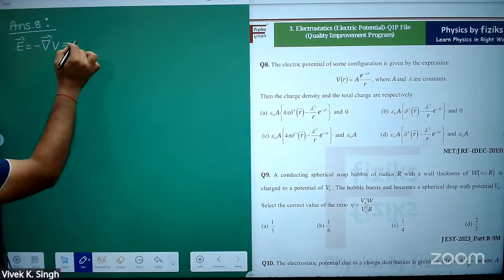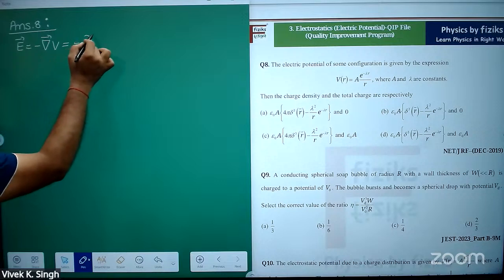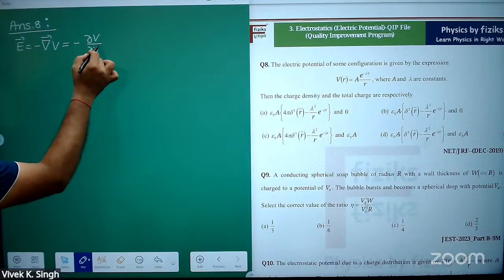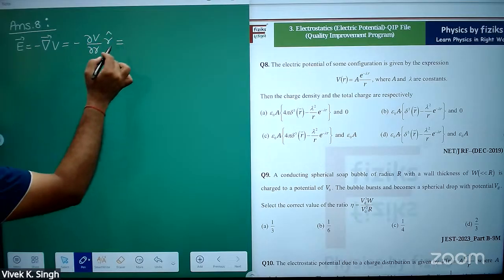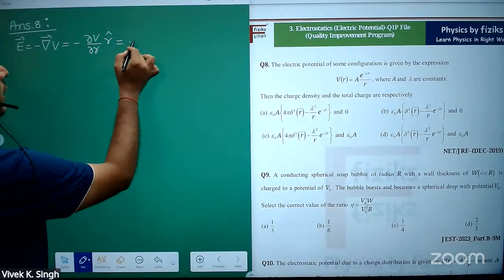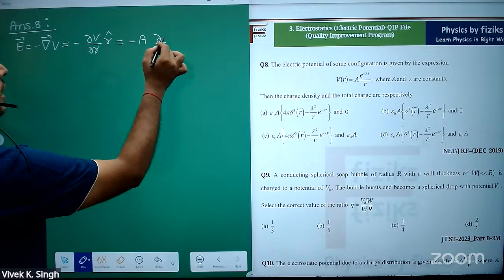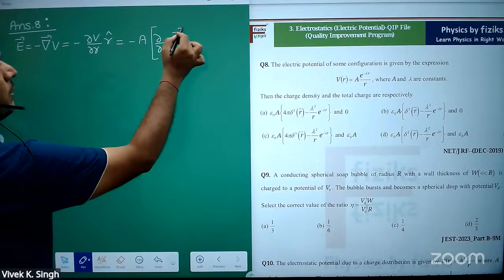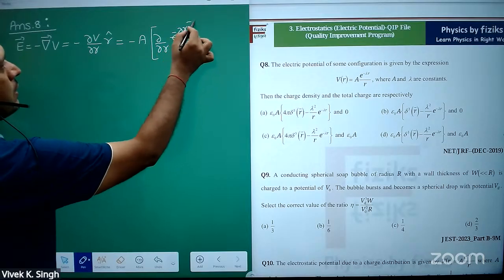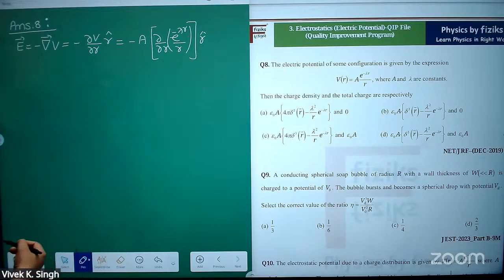This is given by minus del V by del R, R cap, and putting the value, this is minus del by del R of A e power minus lambda R by R, into R cap. Okay?